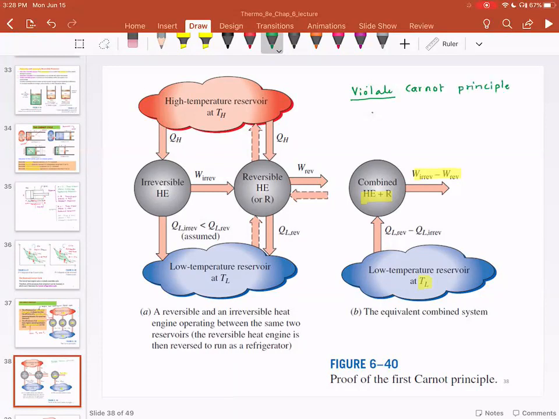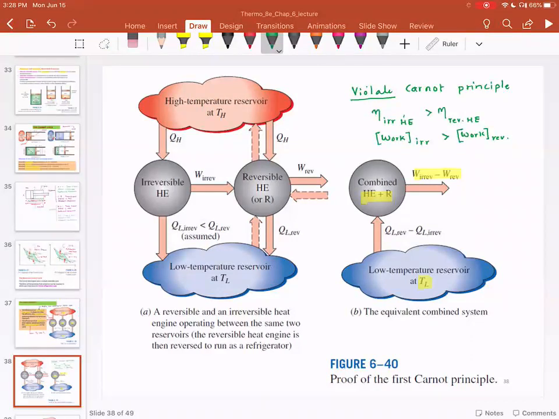I'm going to say the efficiency of the irreversible heat engine is greater than the efficiency of the reversible heat engine. In other words, the work from the irreversible heat engine is greater than the work from the reversible heat engine.